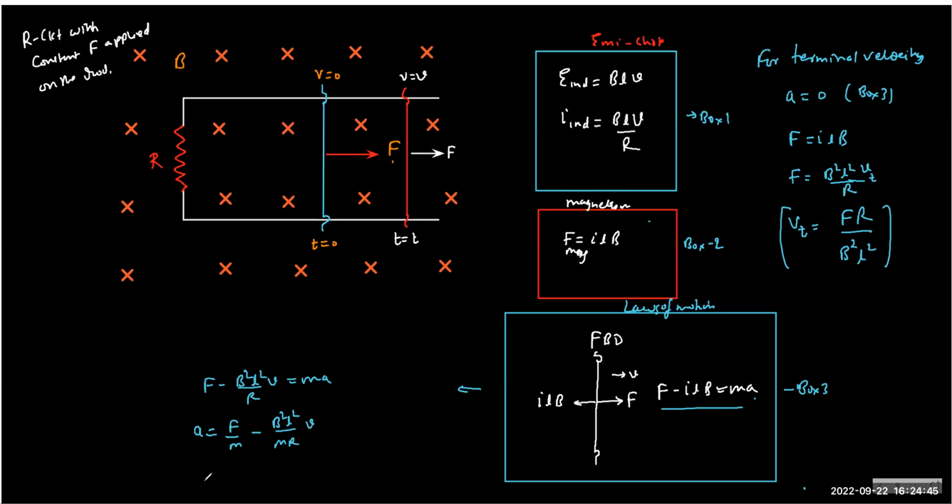So for preciseness, we can write this as alpha minus beta V, where alpha is F by M and beta is B square L square by MR. If you make such an adjustment, then it is easy to integrate.